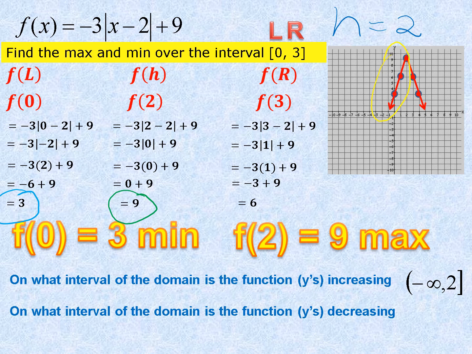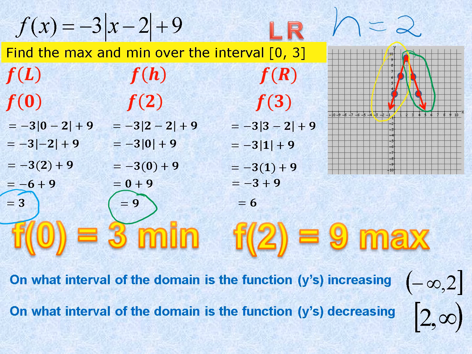Now let's look at over what interval of the domain is the function decreasing. So on what part of the x's are the y's getting smaller? So I look right here and I'm like, well, they start getting smaller here. So they start getting smaller at 2, and then they just keep getting smaller as we go to infinity on the x's.